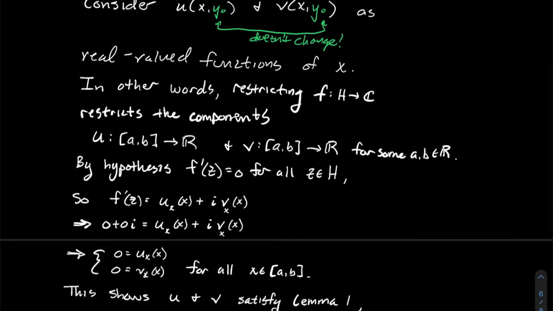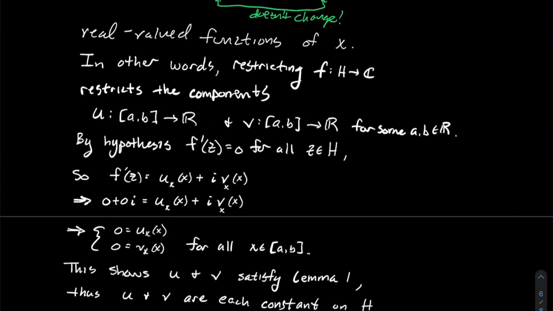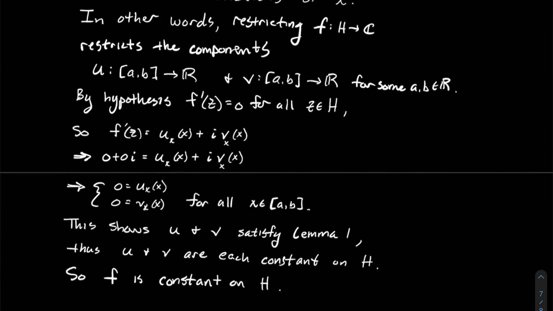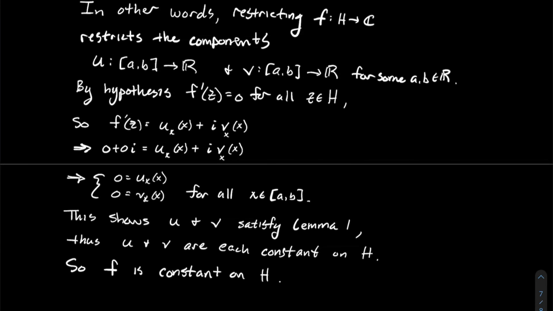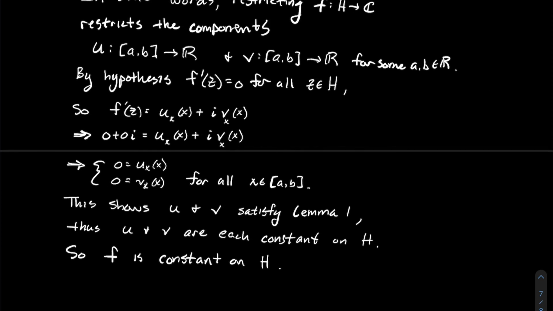They are good old calculus 1 functions when I restrict to a horizontal or a vertical line segment. So we can conclude that u and v are each their own constant. I'm not saying u and v are the same constant, but u is constant on this interval and v is some other constant on this interval as well. And so f is constant. f looks like a plus bi, where a and b are fixed.